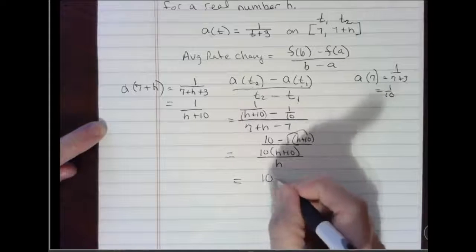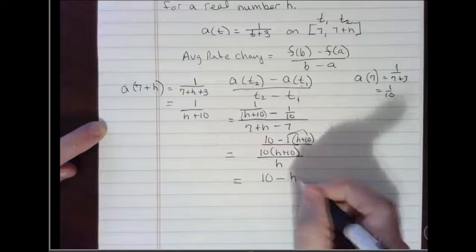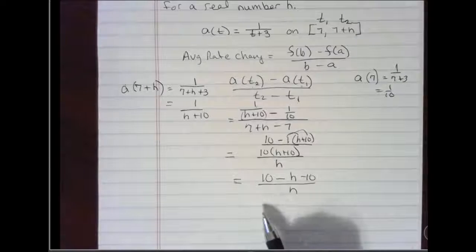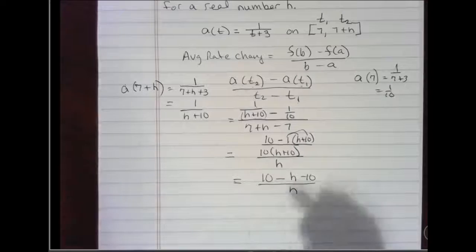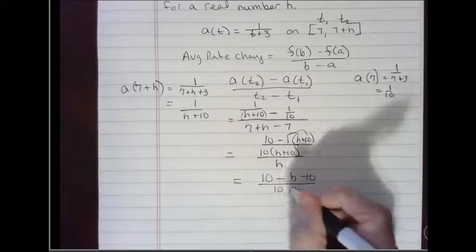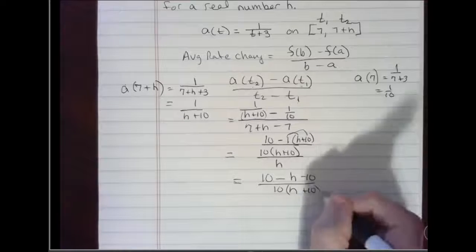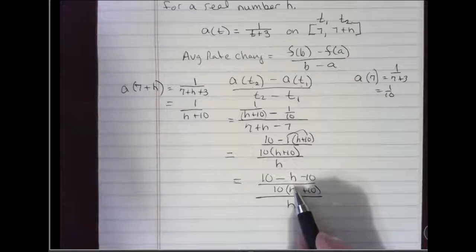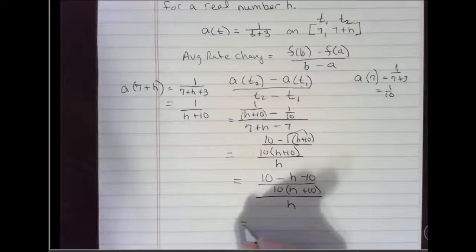So I have 10 minus h minus 10 over h, and this actually works out pretty nicely on the numerator. I'm sorry, this is 10h plus 10 over h. I almost forgot about my denominator there. So that goes here.